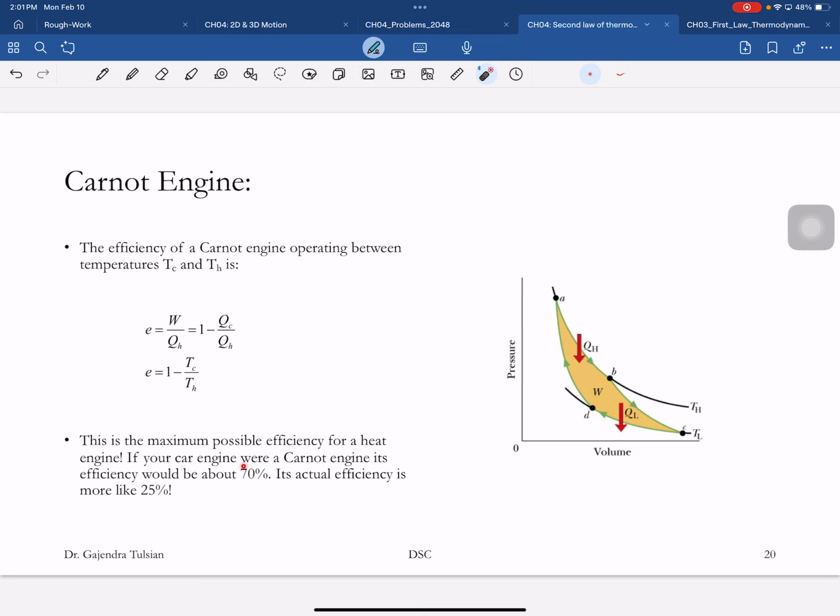If your car engine were a Carnot engine, its efficiency would be about 70%. So if your car engine was an ideal engine, at the temperature at which it's operating, its efficiency should be 70%. Your actual efficiency is about 20-25%.